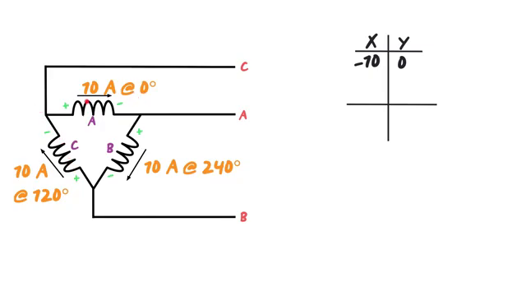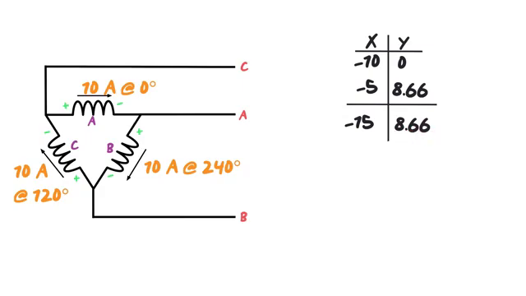We're going to try another A phase to C phase here. So what we're going to do is go back this way because I'm adding this current to this current. So I'm going to go negative 10 on the X and 0 on the Y because it's all flatlined here. Down here, I'm going to go positive 10 times the cos of 120 and I get negative 5.